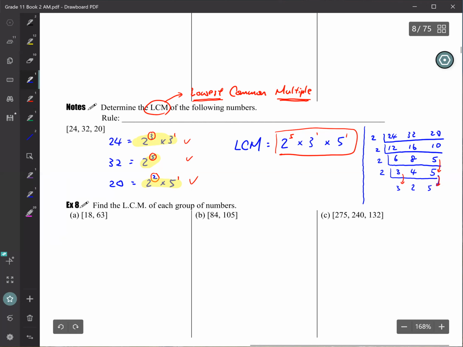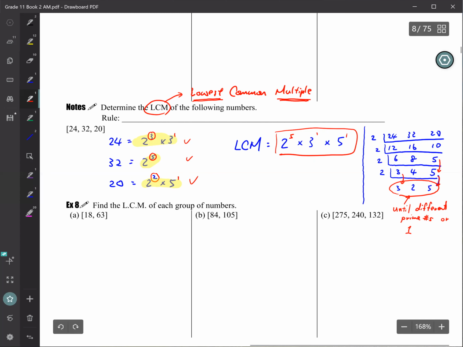So you stop when the final line has different prime numbers, or you see 1s.